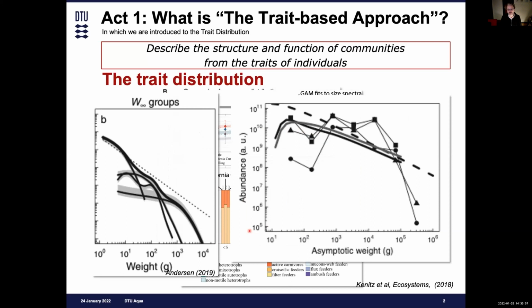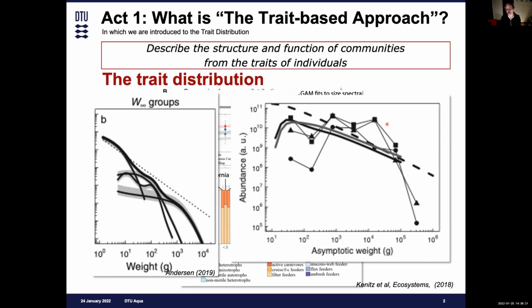Here's another example from my own work about fish. These are measured trait distributions. With fish, it's a bit harder to talk about size because a fish can be almost any size. The trait you're looking at is more the maximum size. So here we have the biomass of fish from different species in different asymptotic size classes.